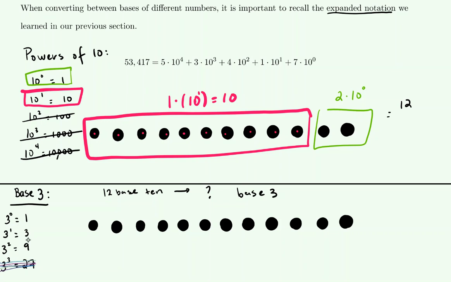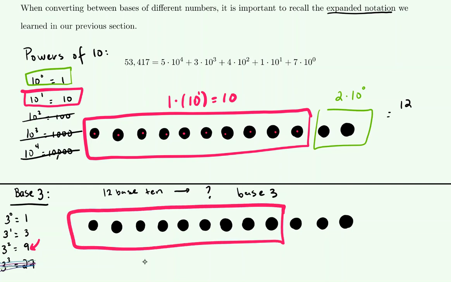So the powers of 3 that we're going to be looking at are 3 to the 0, 1, 3 to the first, 3, 3 squared, 9. So then you go to the highest power of the base that we can consider, 9, and you kind of section off any of the things that represent 9. So 1, 2, 3, 4, 5, 6, 7, 8, 9. This grouping represents one of the groups of 9.